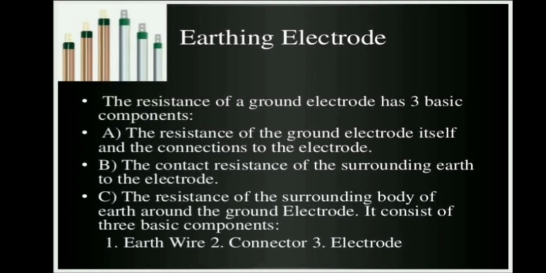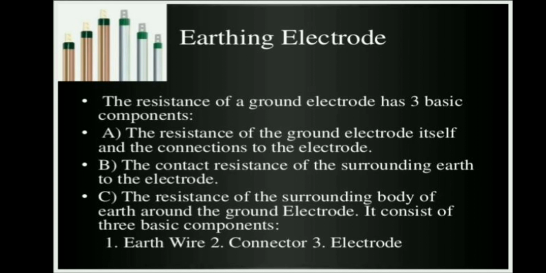Now next is the earthing electrode. The resistance of a ground electrode has three basic components. First, the resistance of the ground electrode itself and the connections to the electrode. Second, the contact resistance of the surrounding earth to the electrode.